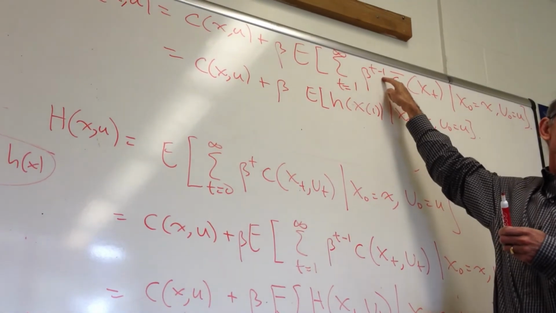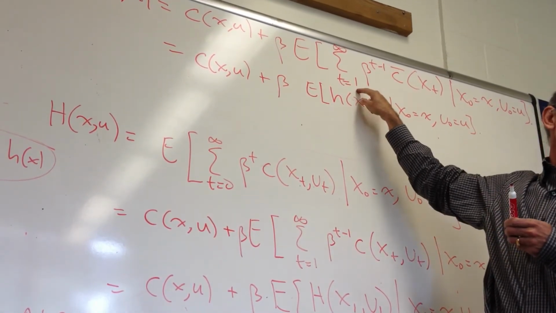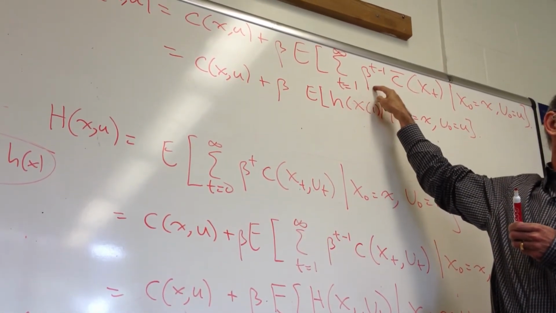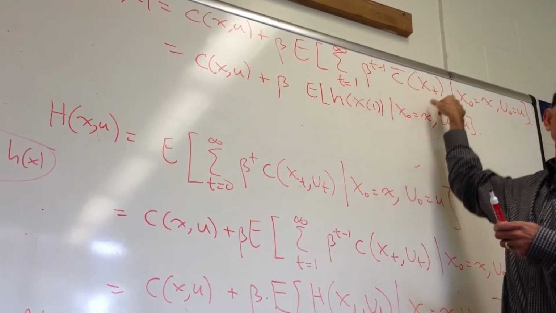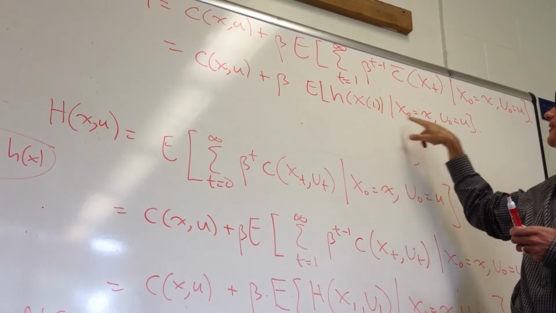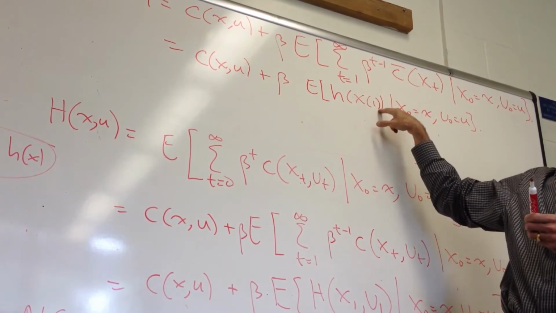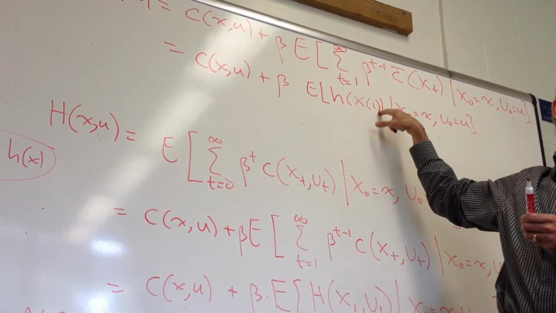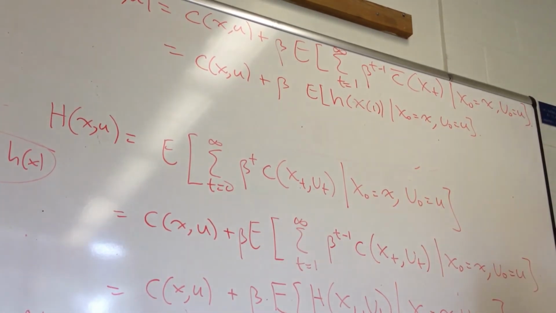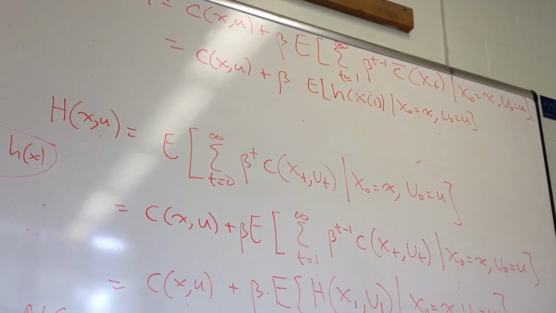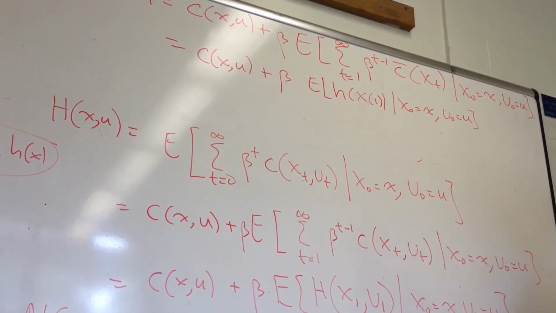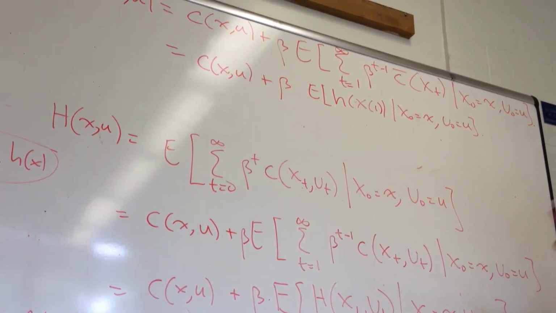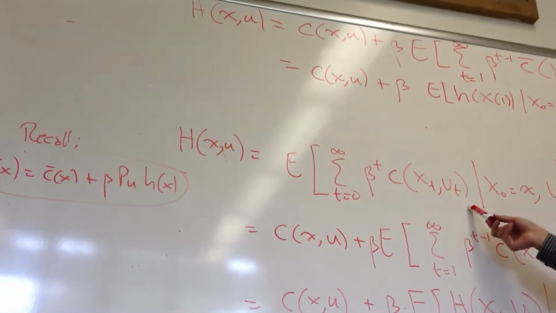The t minus 1 is useful because where I start, I want beta to the 0. So this is just the expectation of this, starting at x1, the cost to go from there.